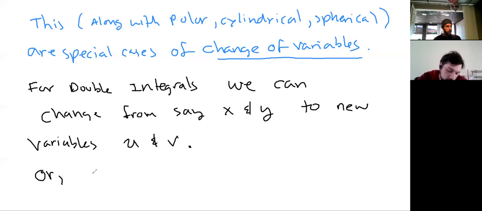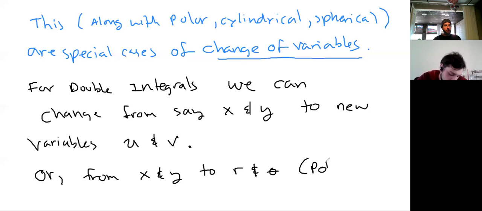Or from x and y to, say, r and theta. That would be what we did with polar.